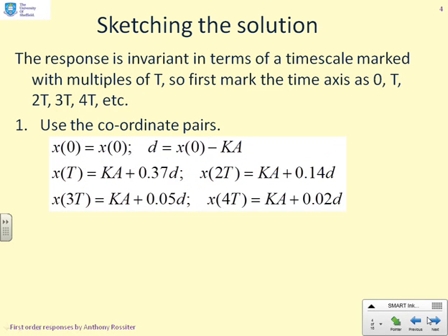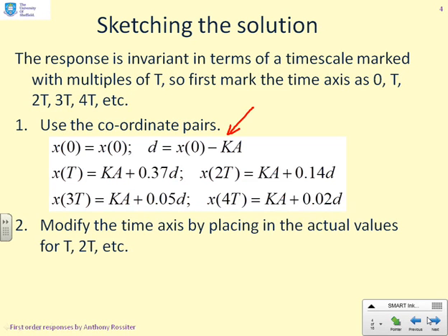So d equals x of 0 minus KA. And then we can calculate x of T as KA plus 0.37d, x of 2T as KA plus 0.14d, x of 3T equals KA plus 0.05d, and x of 4T equals KA plus 0.02d.